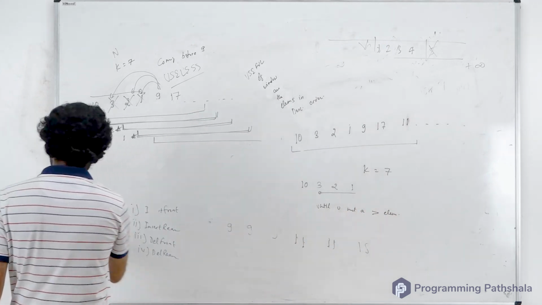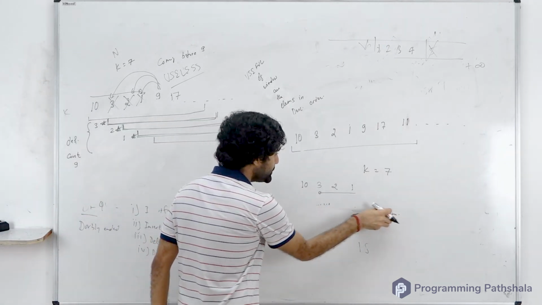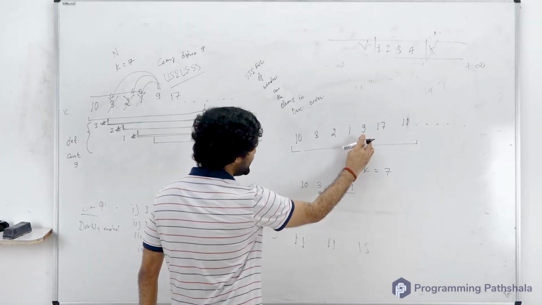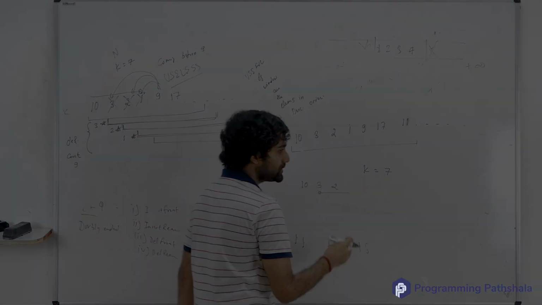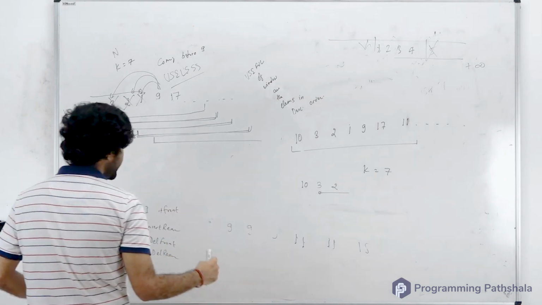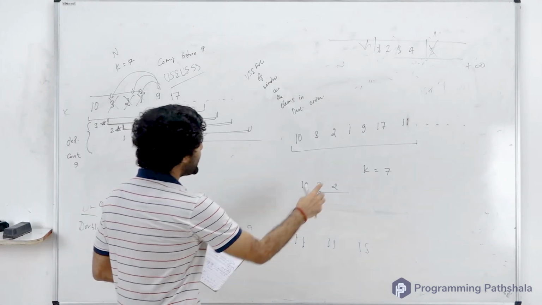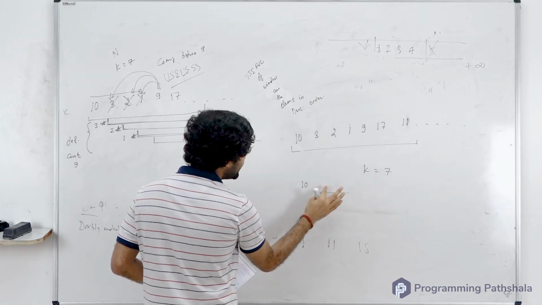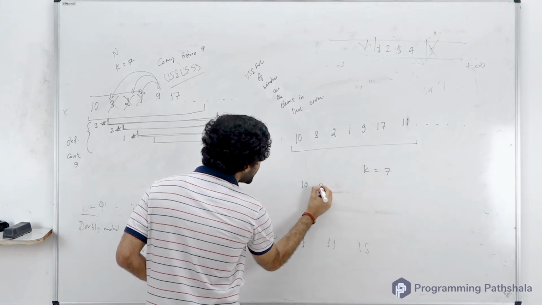Till that time you will keep just popping. So as a result of that, what will happen when this 9 comes? This 9 will kick that 1 out, kick this 2 out, and kick this 3 out, and then that 9 will come over here.